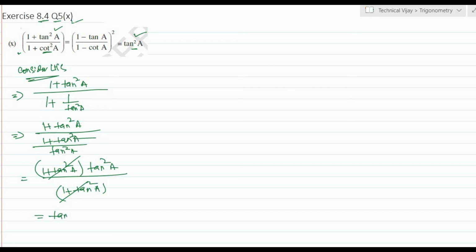So tan square A will remain. This is equal to RHS.